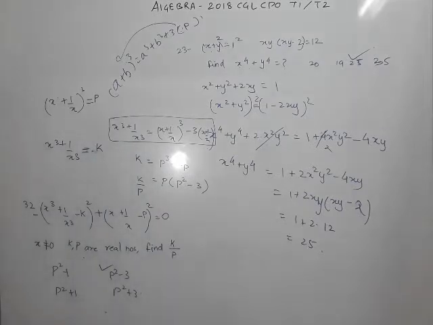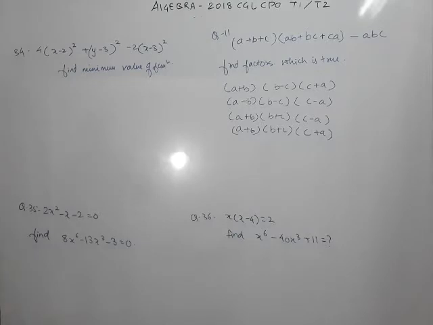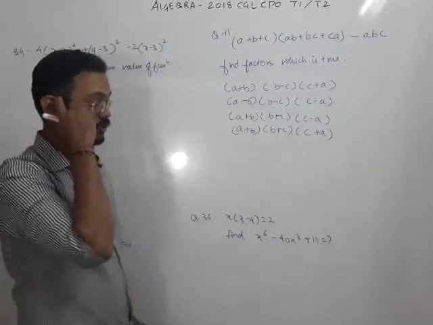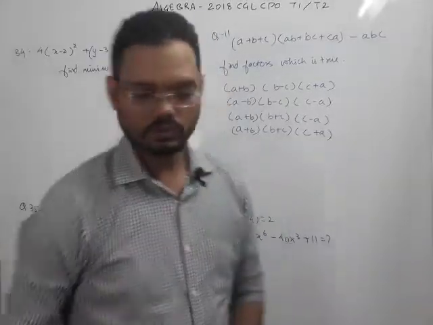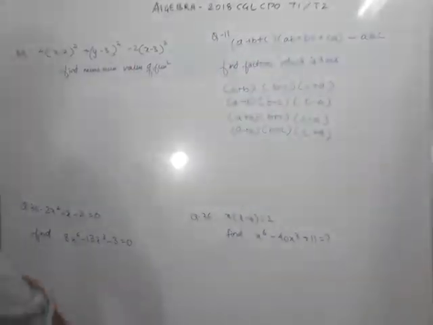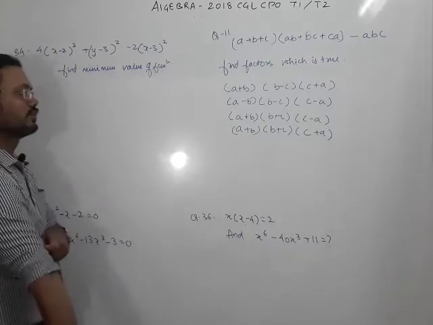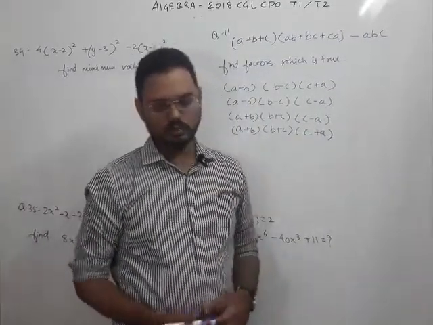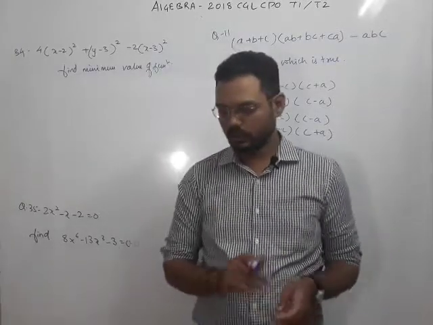I'll write down the next questions. Alright, so these are the last set of questions. Now, kindly remember, we have already done something called maximum minimum of a function. How to find the maximum minimum of a function.